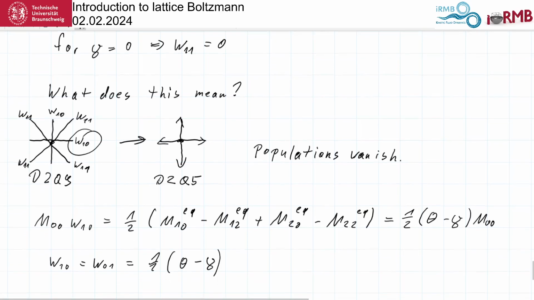Okay, one still missing is the 00. W00 is M00 minus M00 equilibrium.